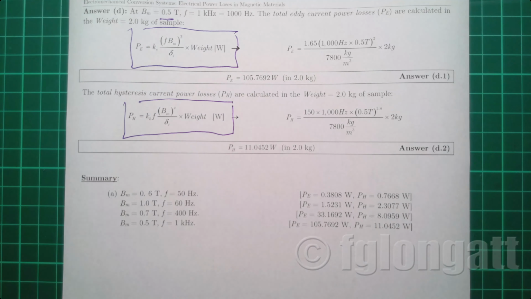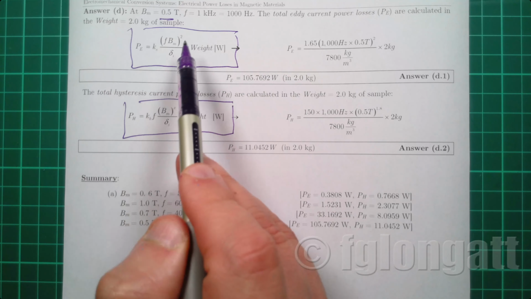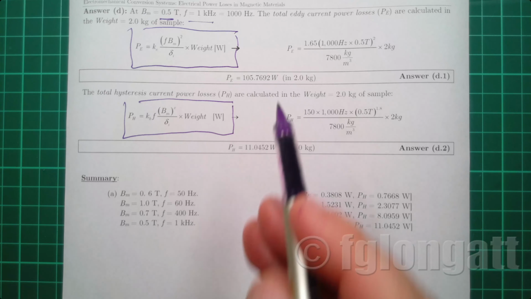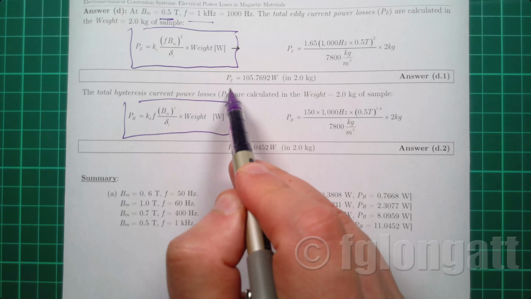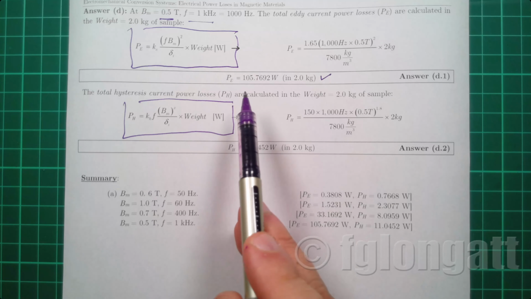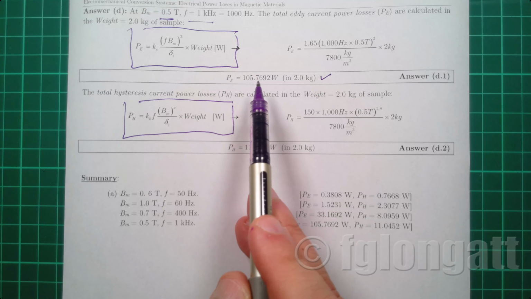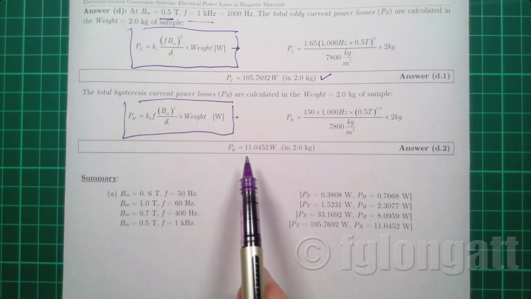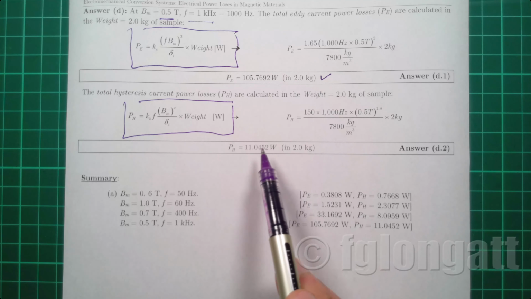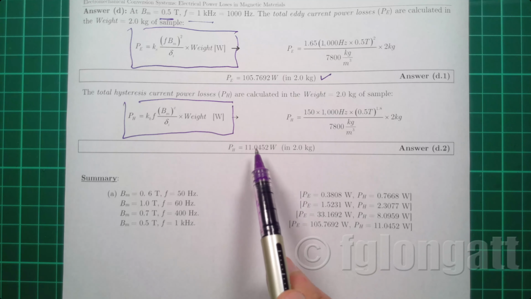So now let's use the same equations that we have been discussing before. This is the equation for the eddy current losses. This is the equation for the hysteresis losses. But now we are using a lower maximum magnetic flux density, 0.5 Teslas, and we are using 1 kilohertz. So when we numerically substitute in the equation, now you can see here the total eddy current losses, 105.7 watts.